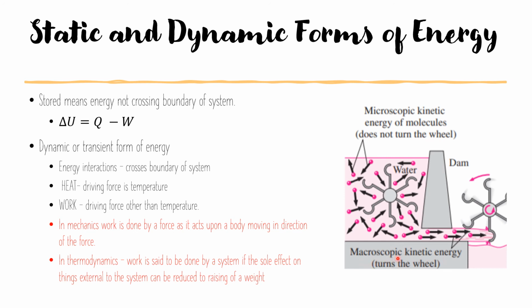Meaning the macroscopic kinetic energy turns the wheel compared to the microscopic state. As you will see in later chapters, the organized energy is much more valuable than the disorganized energy.